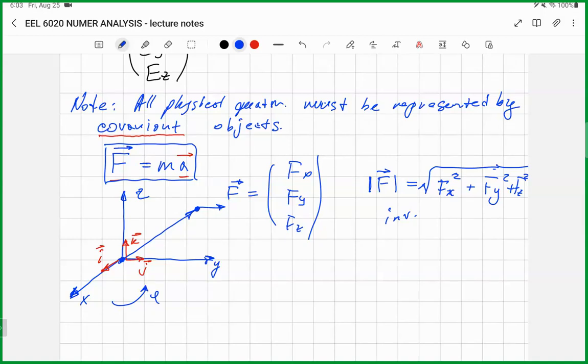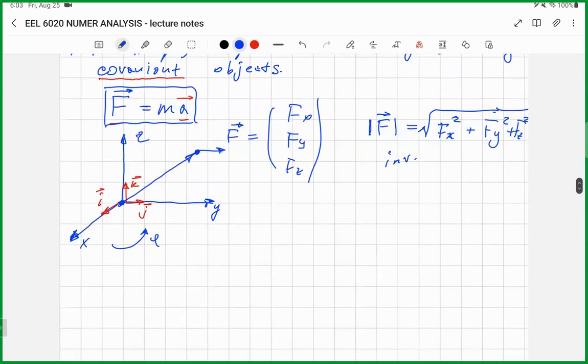The components of acceleration will also change, but they have to change in a way to keep the length unchanged, invariant. That wouldn't be so if you had, for example, a vector on the left and a scalar on the right. Then that wouldn't work.